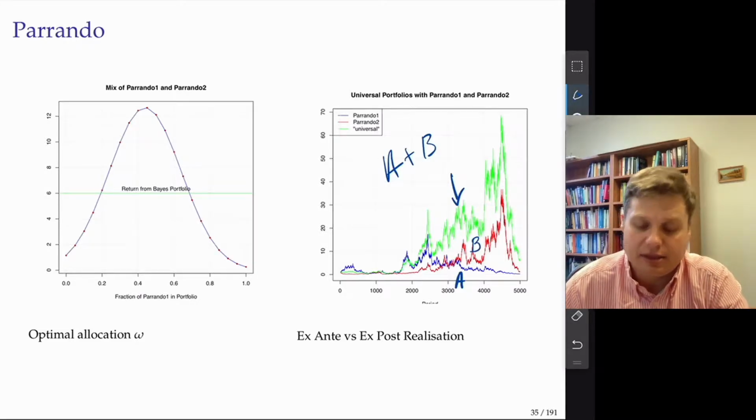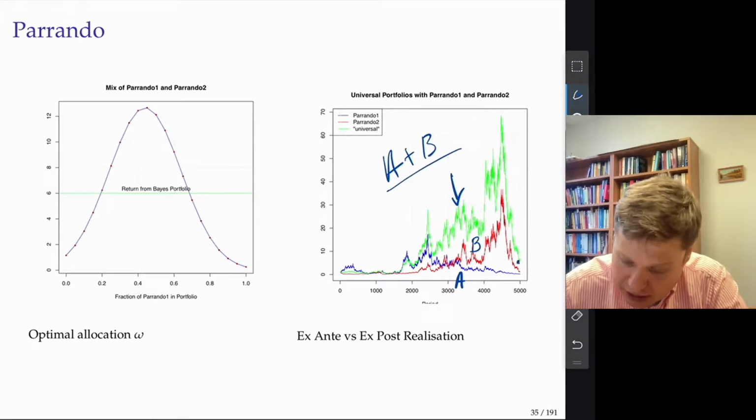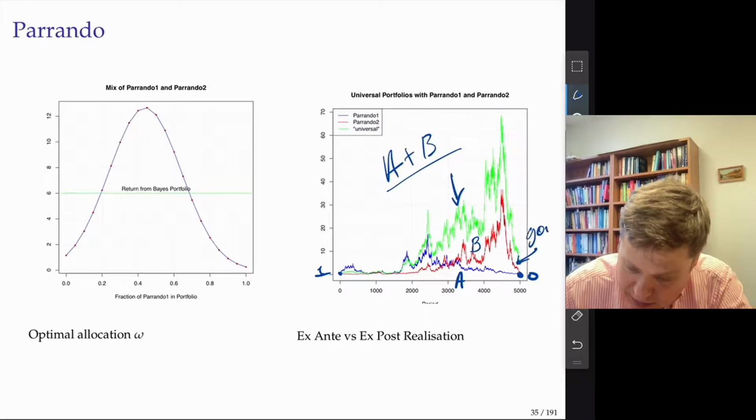And you see that both the A line and the B line eventually go to 0, but the A plus B line actually goes above the starting point of $1. So you start at $1, both of them will end up at 0, and this one actually will end up above $1. So you actually gain here.